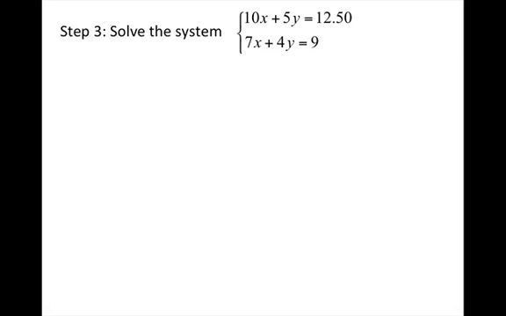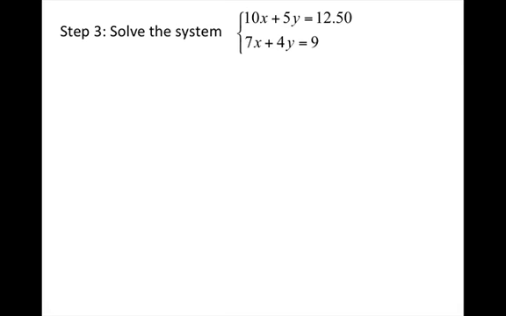With the 5 and the 4, my least common multiple of those would be a 20. So the smallest number that 5 and 4 will go into is a 20. So to get a 20, I'm going to multiply the first equation by a -4 and the second equation by a +5.